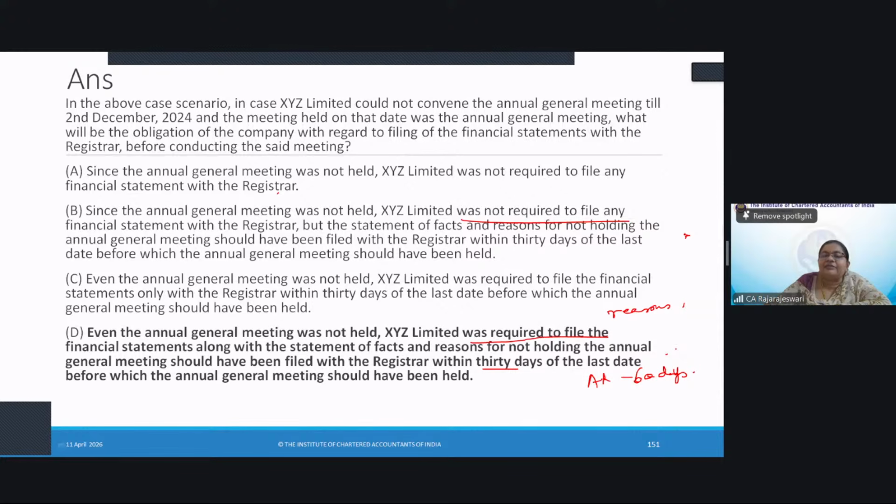So even if the annual general meeting was not held, you should specify the reasons and file the accounts with the registrar within 30 days from 30th September 2024. So 30 days means on or before 30th October, you should file the accounts with the registrar. That is the concept here.